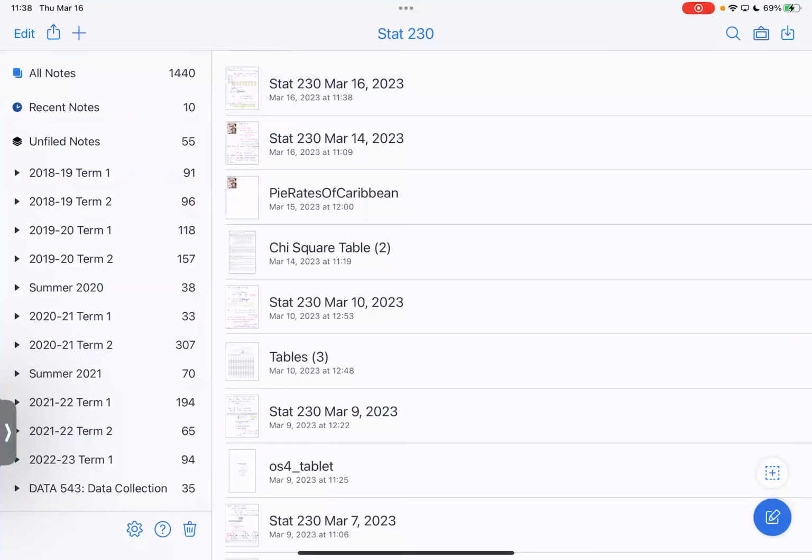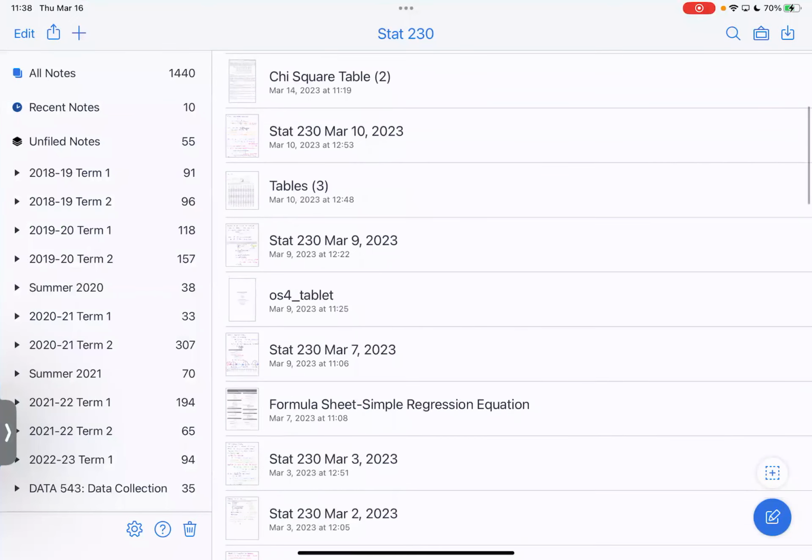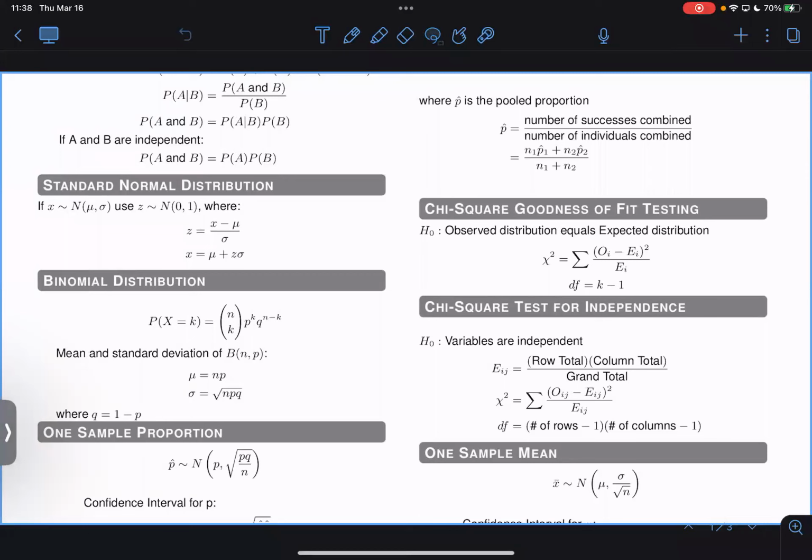So now, if we have a look at the formula sheet, moving down here, we did the chi-squared goodness of fit testing, and now I think we've matured enough to introduce the formula sheet right away. And if you absolutely had to, I feel confident that you would be able to solve a test of independence question with just this information.